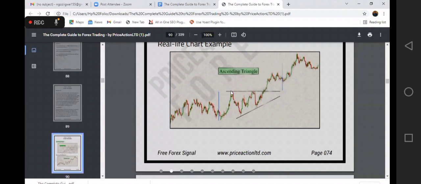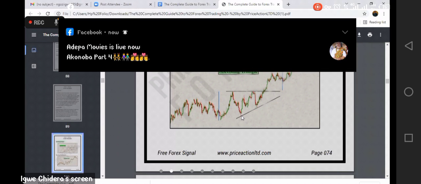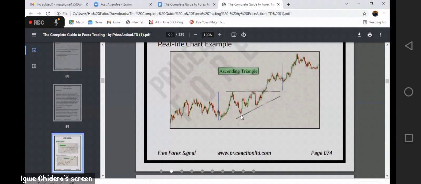It hit the first high, hits the first low, hit the second high. You can see the second high, the highs are nearly equal. Now it hit the second low. If you connect the second low, the trend line is upward sloping.